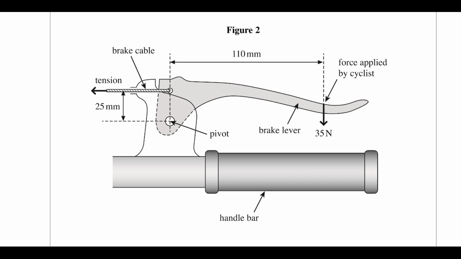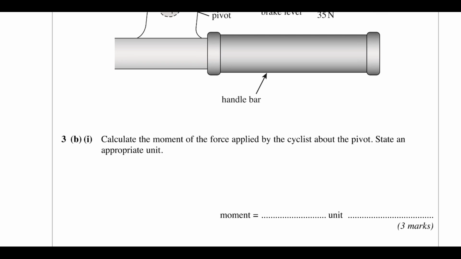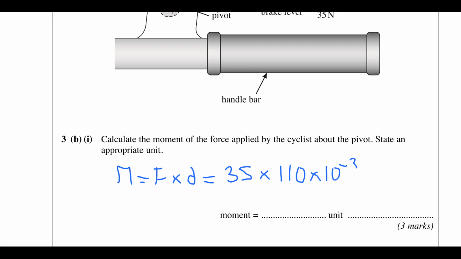So you can see the force is acting vertically down, so we want a horizontal distance. So it's going to be this 110 millimeters. Okay, so moment is force times the perpendicular distance from the line of action of the force to the pivot. So the force is 35, the distance is 110 millimeters.